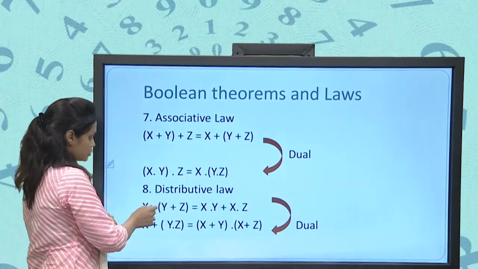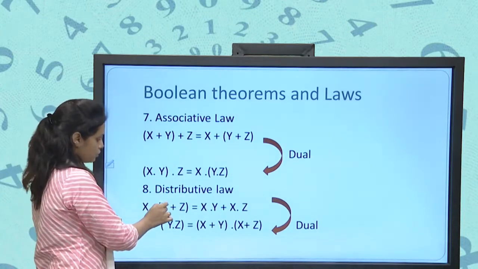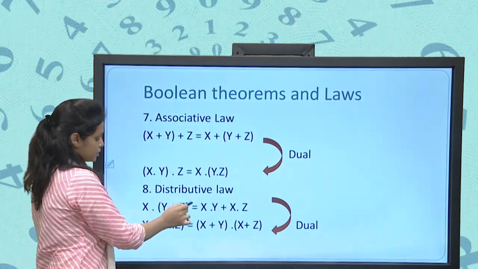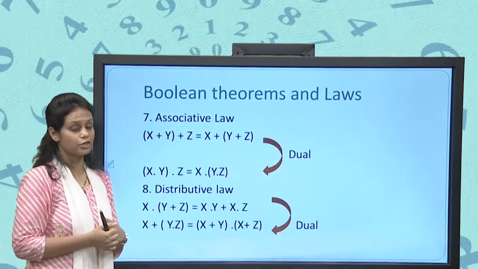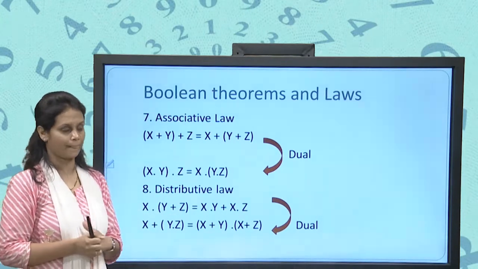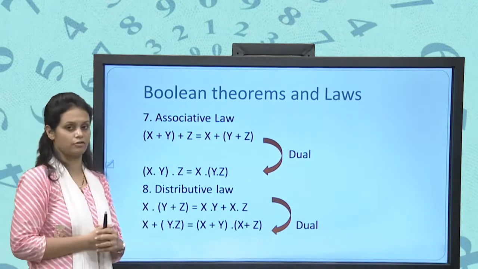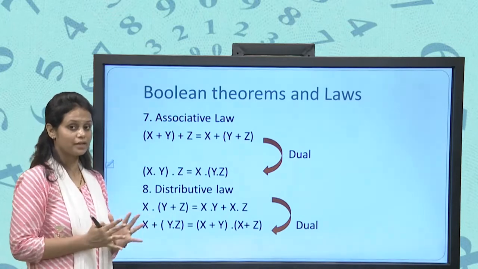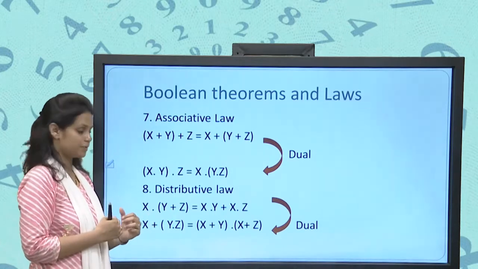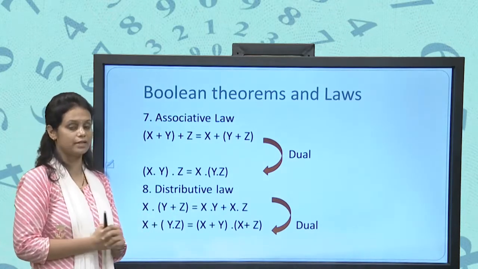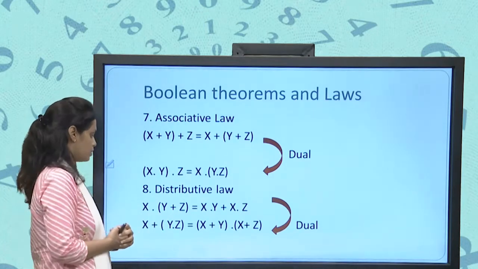Okay, x dot (y plus z) equals x dot y plus x dot z. In this, which operation is distributive? In this case, dot is distributive over plus. Fine, because we open the bracket and the operation outside is dot.